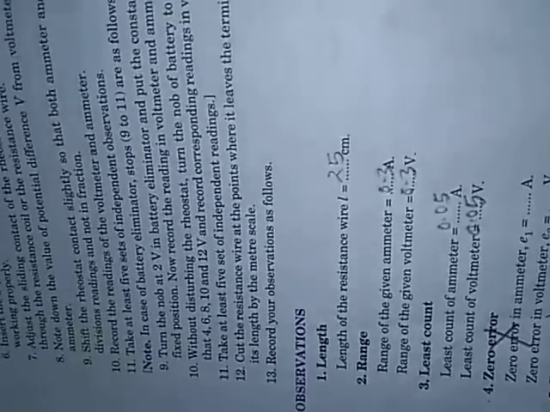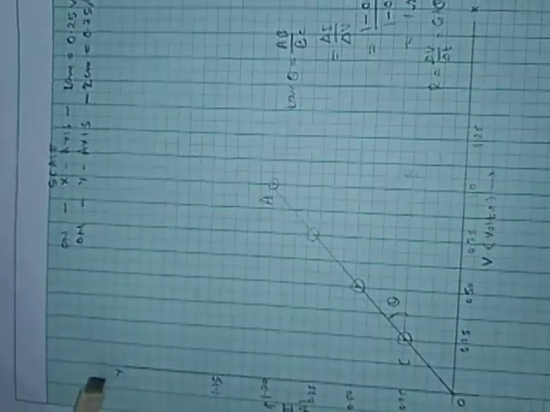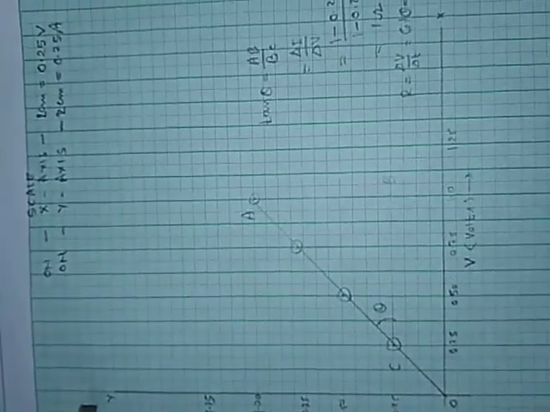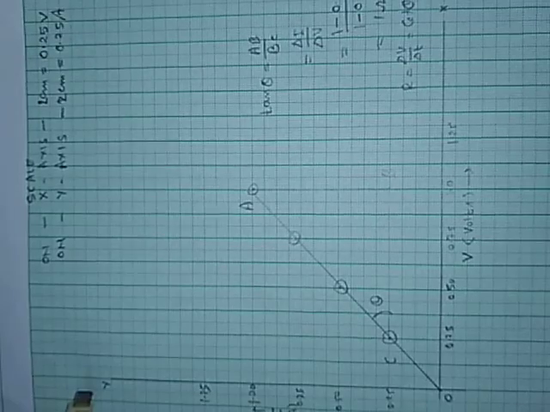Least count of ammeter is 0.05, voltmeter is also 0.05, and then we will not mention this error or correction, zero correction. In this way this experiment is completed. You can note it down in your note.